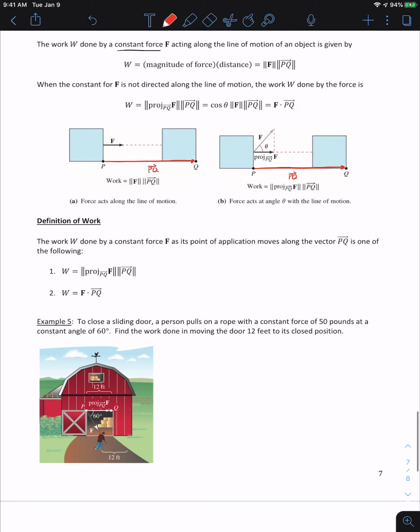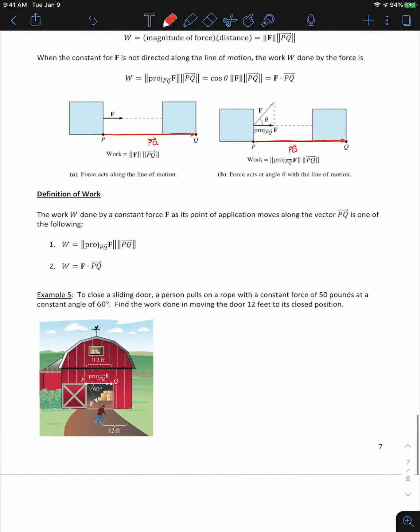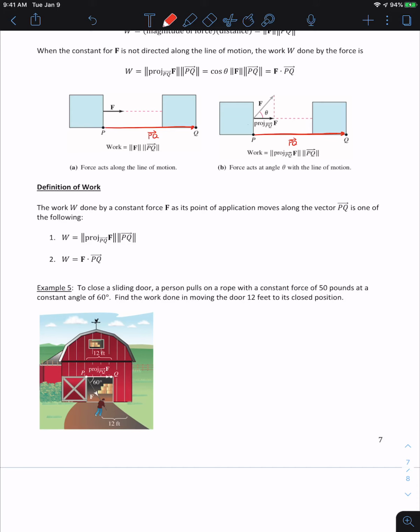Okay, so that's essentially our formula for the definition of work. The work done by a constant force as its point of application moves along the vector PQ is one of the following. This first one is the projection form.